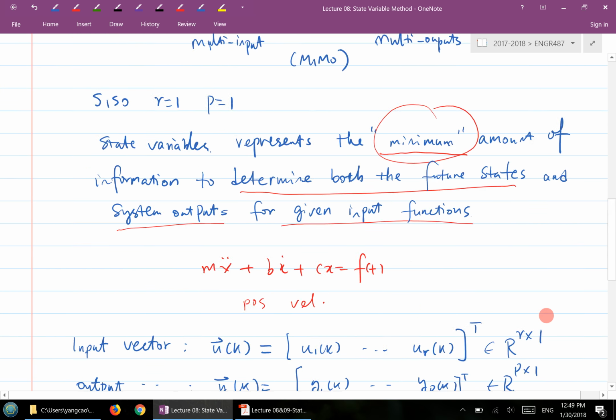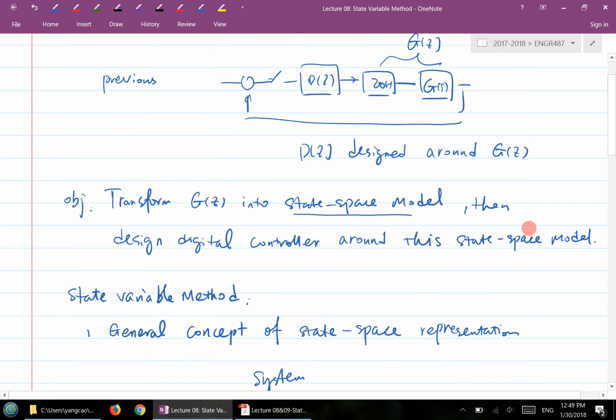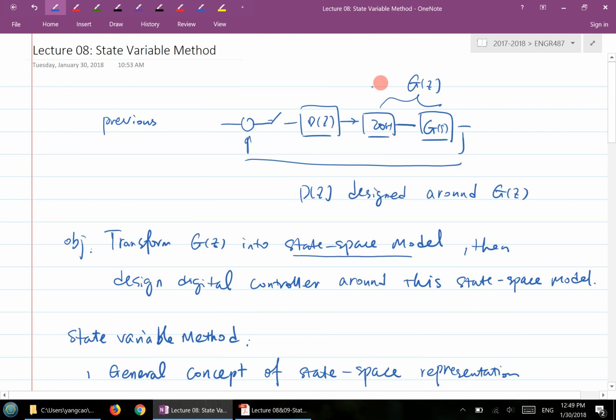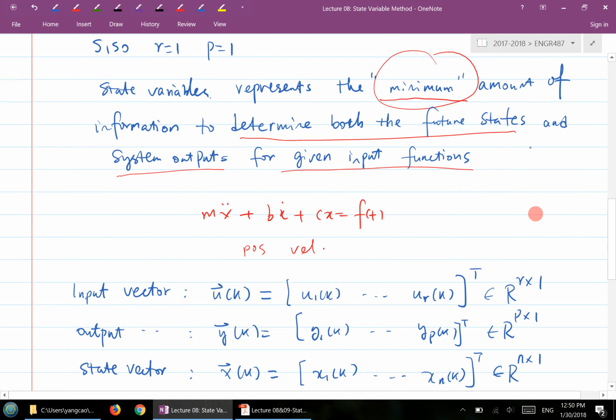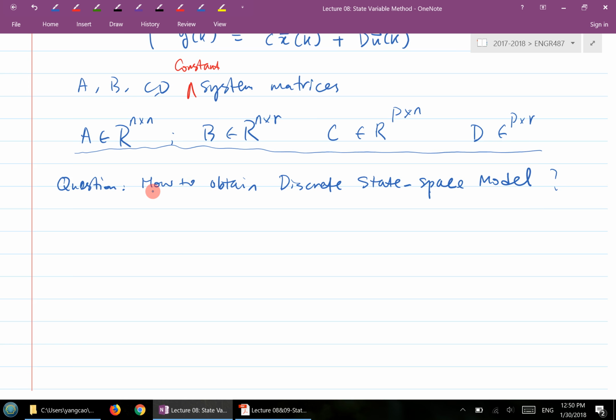Back to my initial objective, here's our previous focus, and now we want to transform this G of Z into a discrete state space model. So this is the question: how do we obtain this discrete state space model?